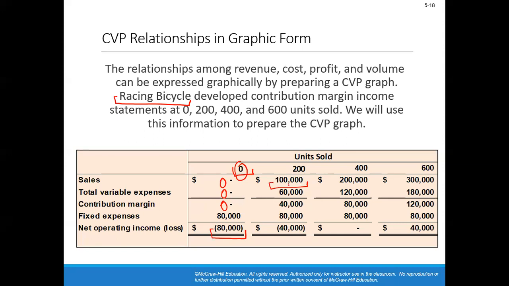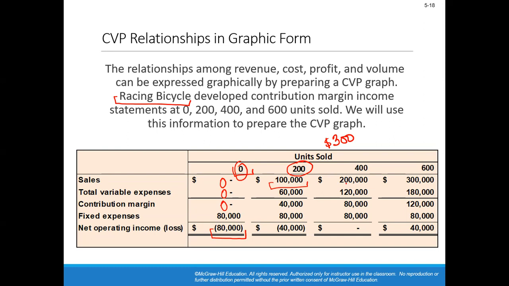And total variable expenses can be found by multiplying 200 by $300 variable cost per bicycle. So we get 60,000. So we have a remaining contribution margin of 40,000, but this is insufficient to make up our fixed expenses. So our contribution margin is inadequate to cover the fixed expenses, and we still incur the net operating loss of 40,000.